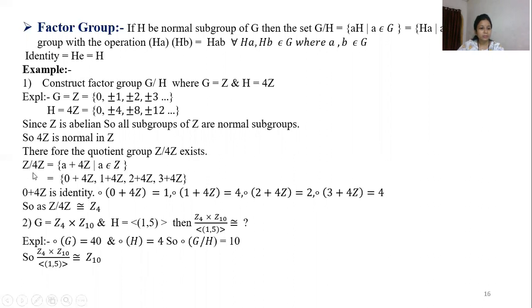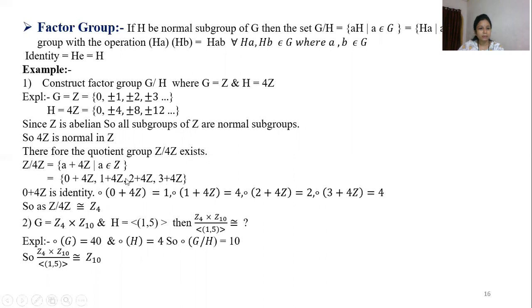What are the elements in this quotient group Z/4Z? It is the set of all a + 4Z, where a belongs to the integers. Suppose a is 0: 0 + 4Z, 1 + 4Z, 2 + 4Z, 3 + 4Z.